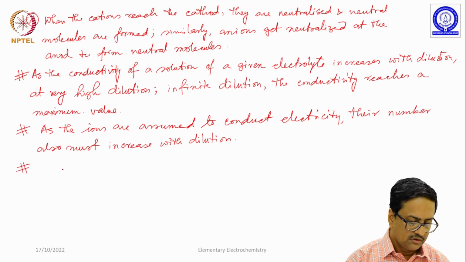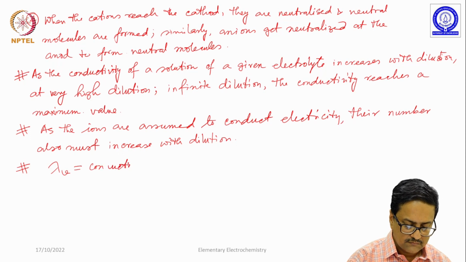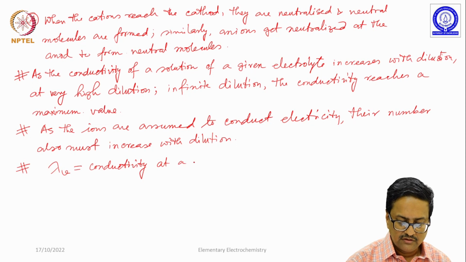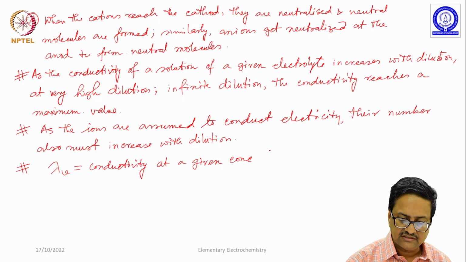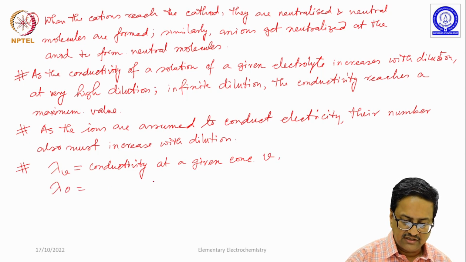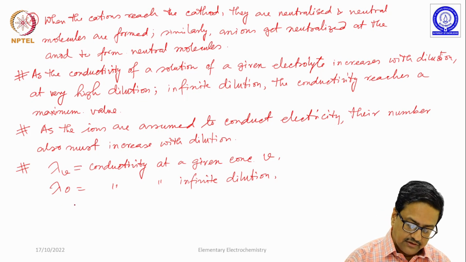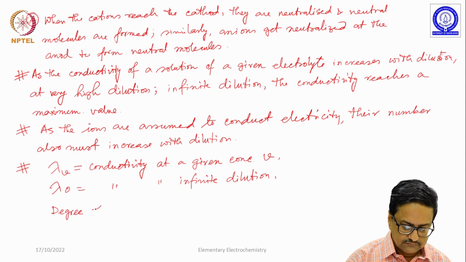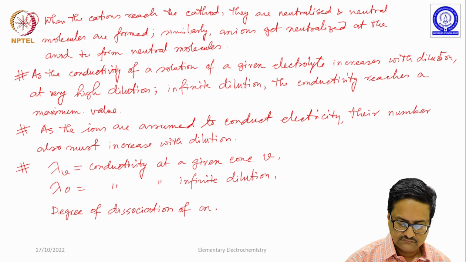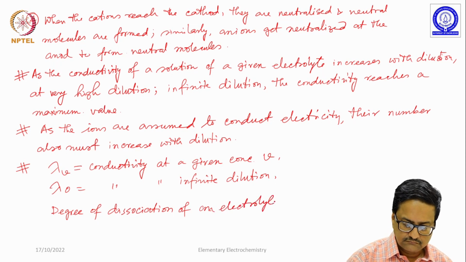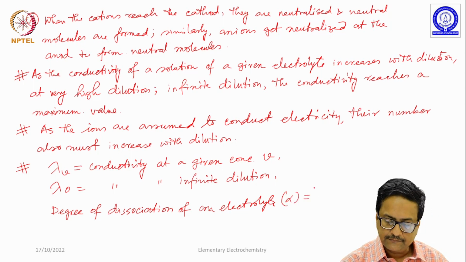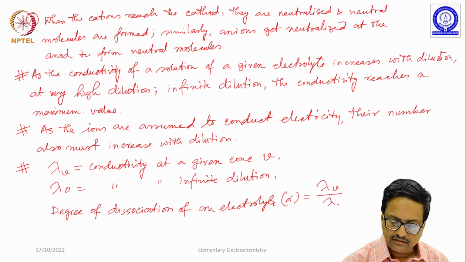So, if lambda V is the conductivity at a given concentration V, and if lambda 0 is the conductivity at infinite dilution, then he proposed that the degree of dissociation of an electrolyte, that is alpha, should be denoted by lambda V by lambda 0.